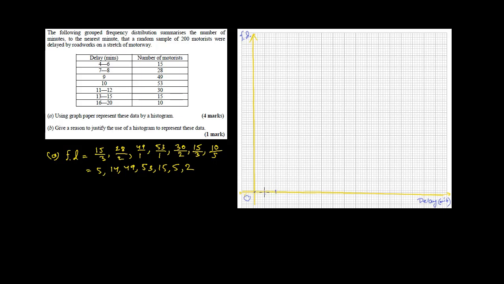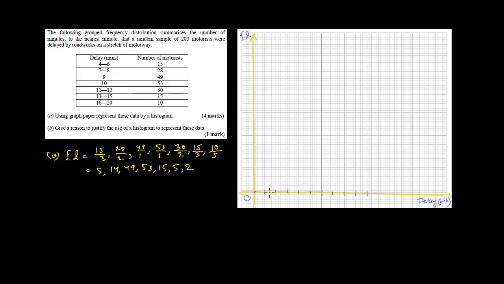We can take this as 1, 2, 3, 4, 5, 6, 7, 8, 9, 10, 11, 12, 13, 14, 15, 16, 17. We can take this as 2, 4, 6, 8, 10, 12, 14, 16, 18, 20. This is good enough.